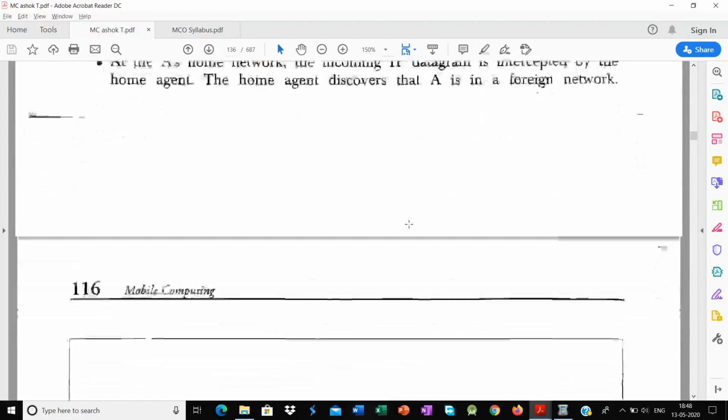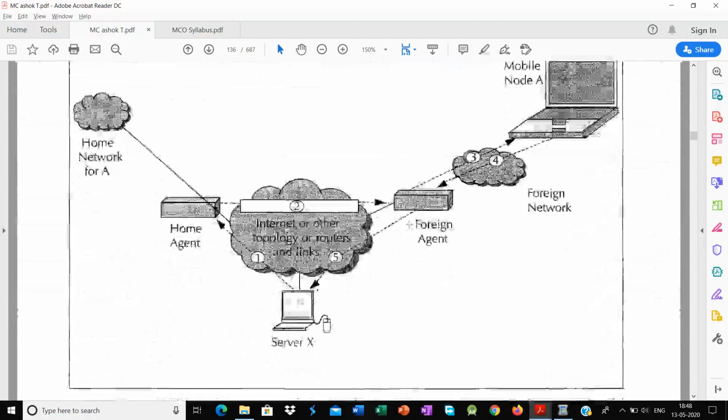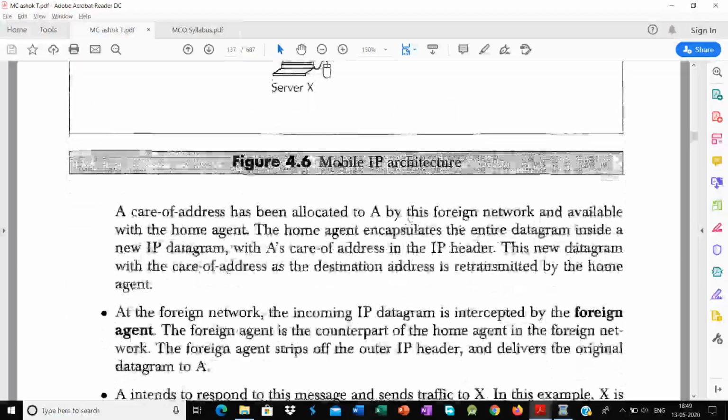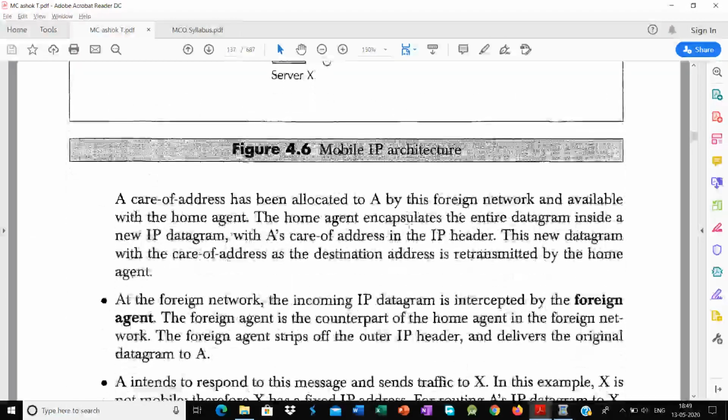That means A is in a network which is far away from your local network. A care of address has been assigned to A by this foreign network and is available with the home agent. The home agent encapsulates the entire datagram inside a new IP datagram, and A's care of address in the IP header identifies the destination system.